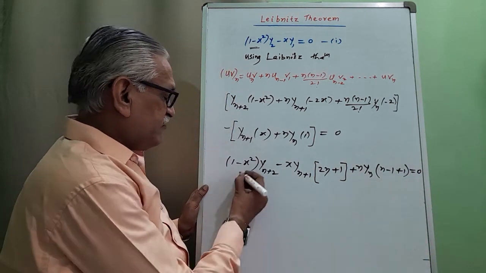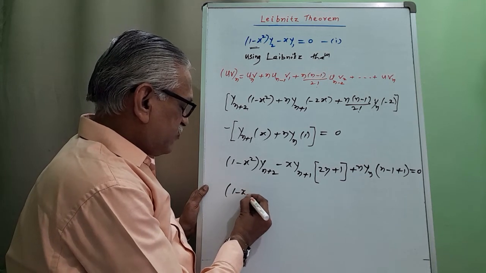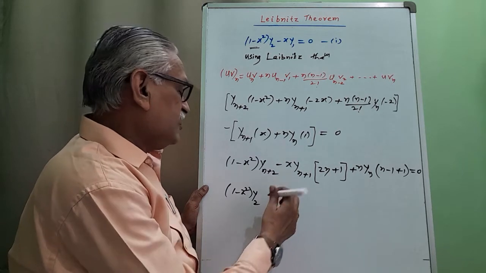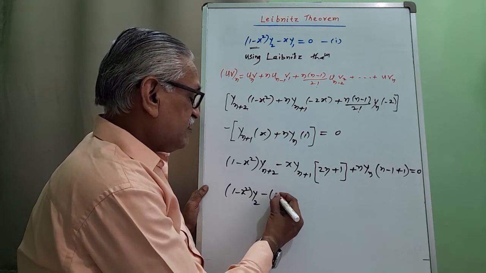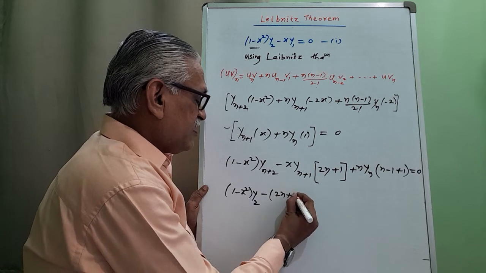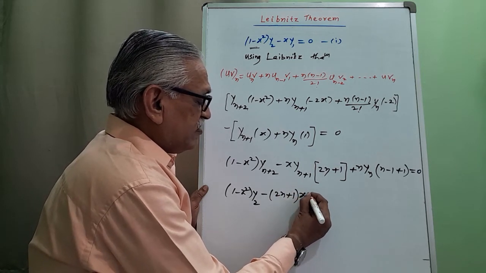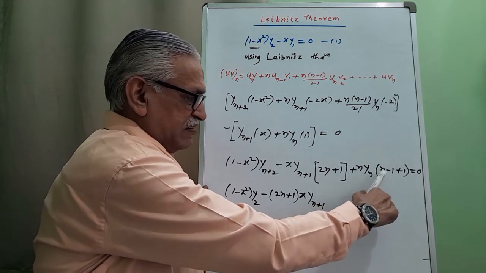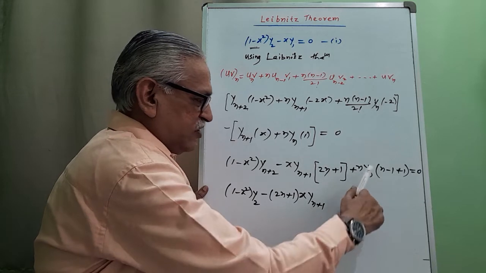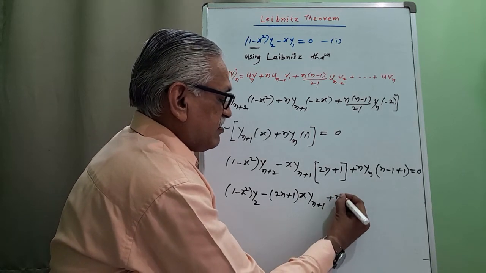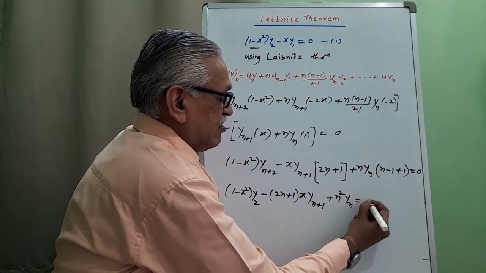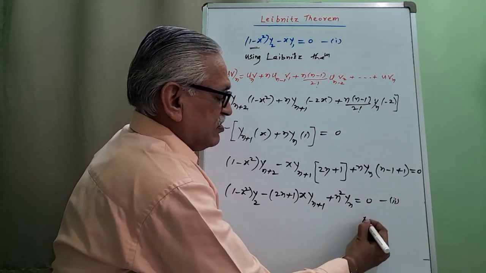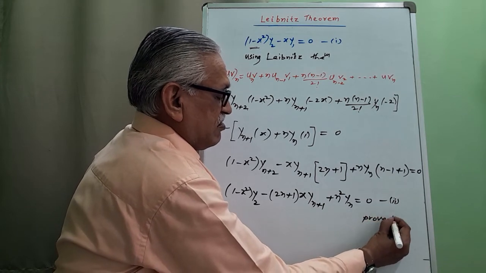And then simplifying it, we get (1 minus x square) into y2, no change. This one is minus (2n plus 1) into x multiplied by yn plus 1, and minus 1 plus 1 get cancelled, n into n we get n square yn, equal to 0.